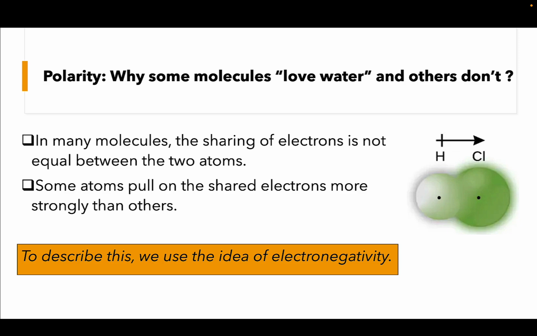When we have HCl, hydrogen does not pull the electrons as much as chlorine. Remember that a covalent bond is a shared pair of electrons. By pulling more of the electrons towards itself, chlorine makes negative charge on its side, leaving positive charge on hydrogen, and there's like an arrow that's almost like a magnet that shows this bond is polar.